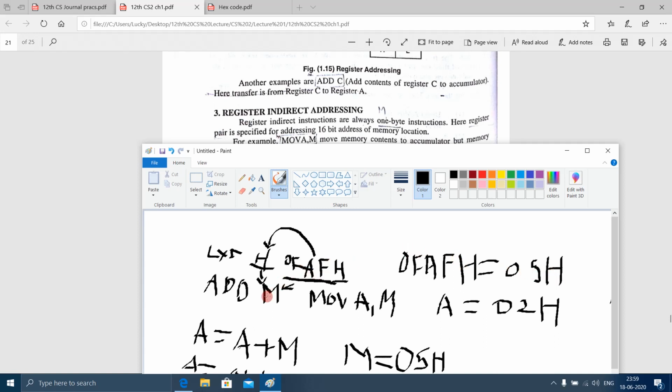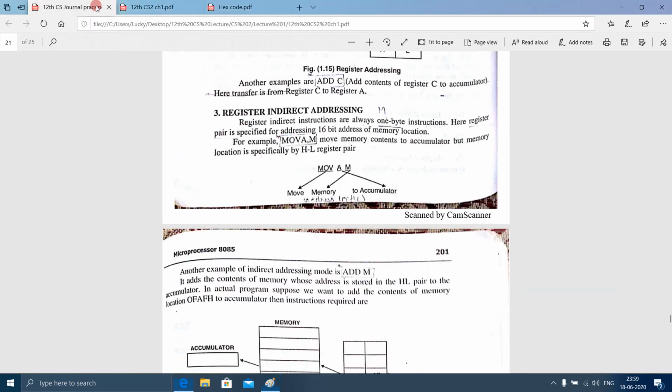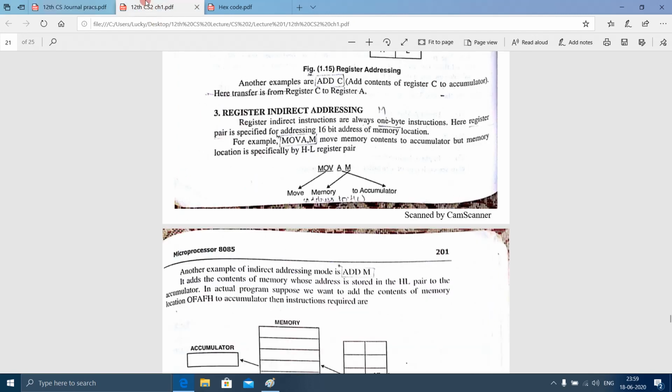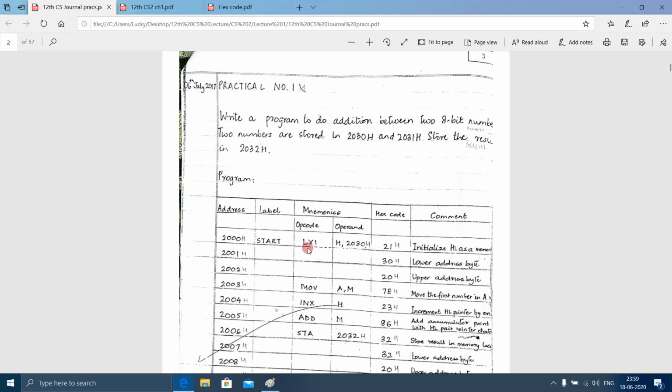So 05 will be stored in the memory after using the instruction LXI H, 0FAF. As we discussed before, in LXI H, 2030H, we initialize HL as a memory pointer. HL points to a memory, that's why HL is initialized as a memory pointer.